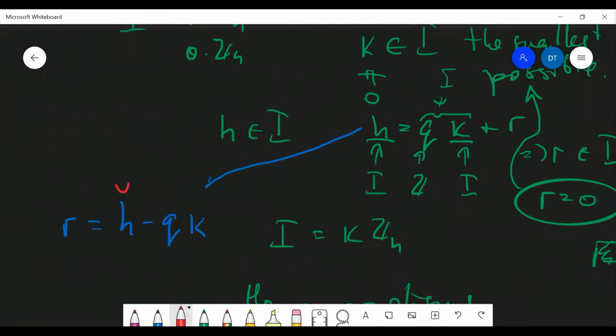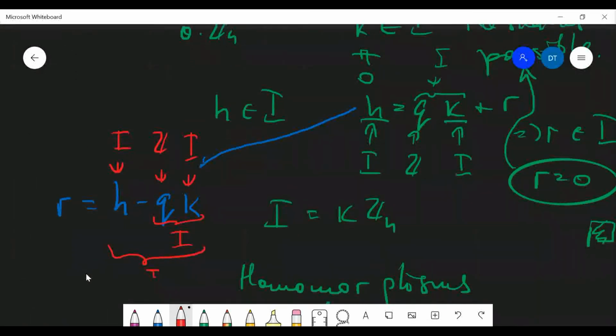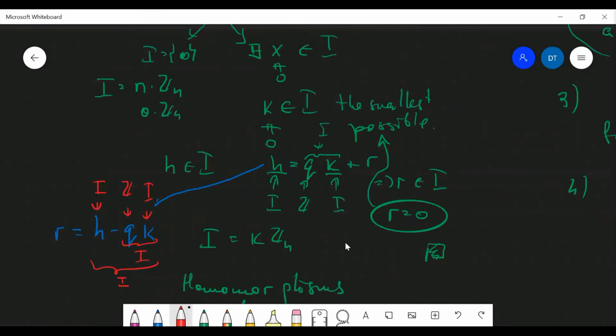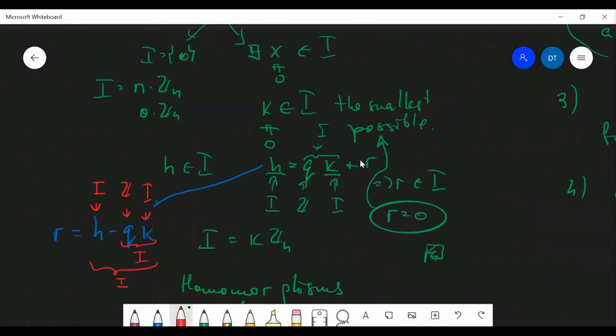So this guy is inside the ideal, and this guy is inside the ideal, and Q is inside of Z. Then the product is inside of the ideal, and then the whole difference is inside of the ideal. Okay, that's just by the definition of I. Yeah, that's by the definition of I. And therefore, if R is also in I, it has to be 0 because it's smaller than K.